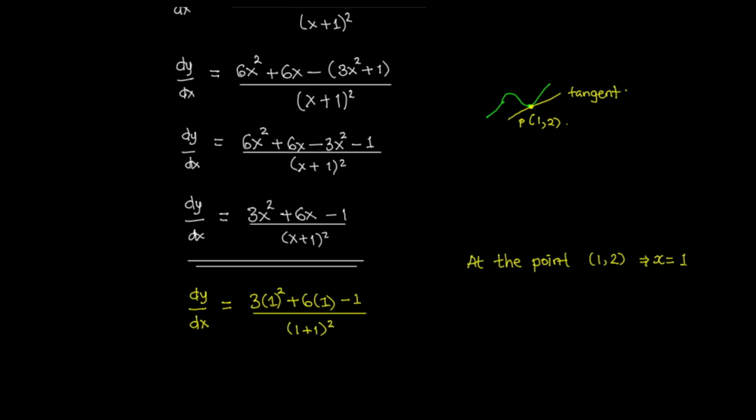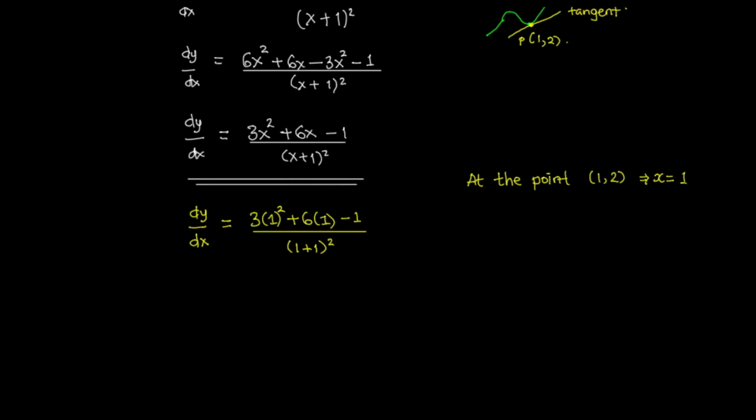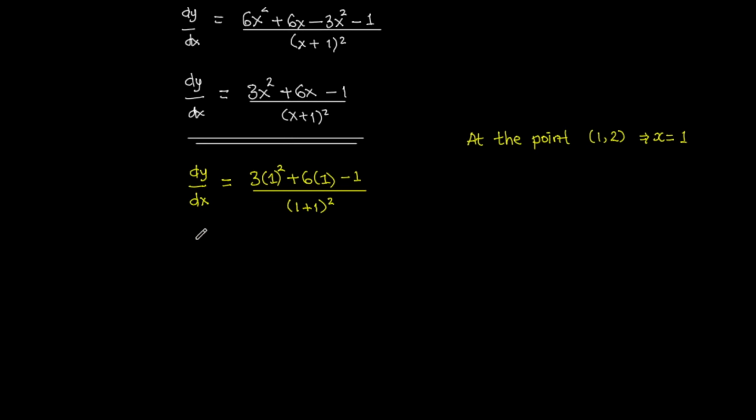So let's move on to simplify this work such that our dy by dx equals, now 1 squared is 1 times 3, we get 3 in our first term.